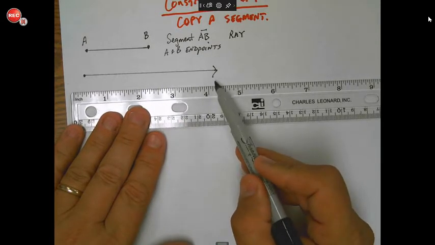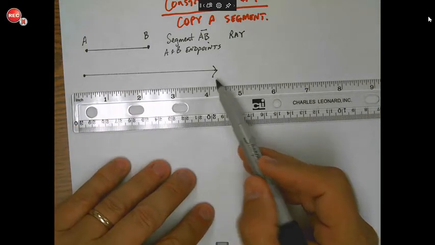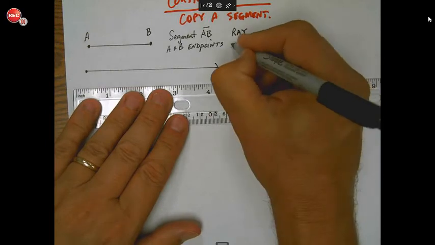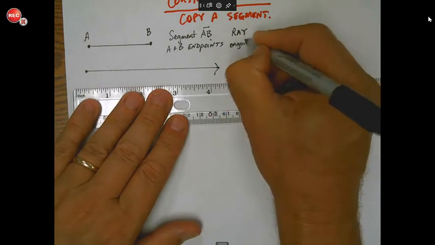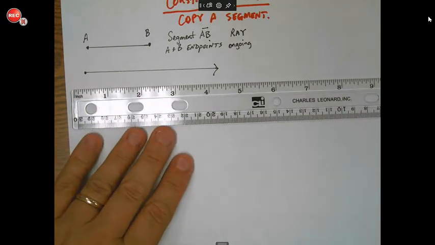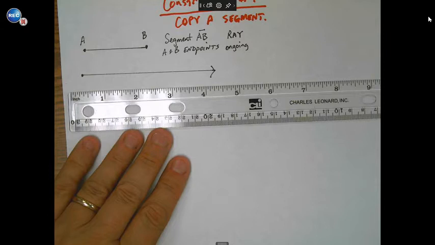Allie, what do you think the arrow represents? It's ongoing. I like that word. It keeps going and going. It doesn't end. You got to use your imagination.